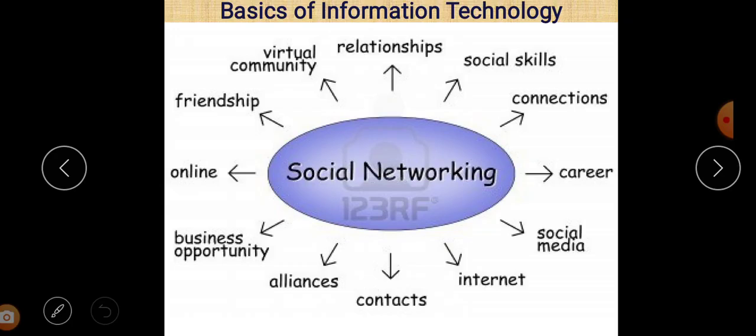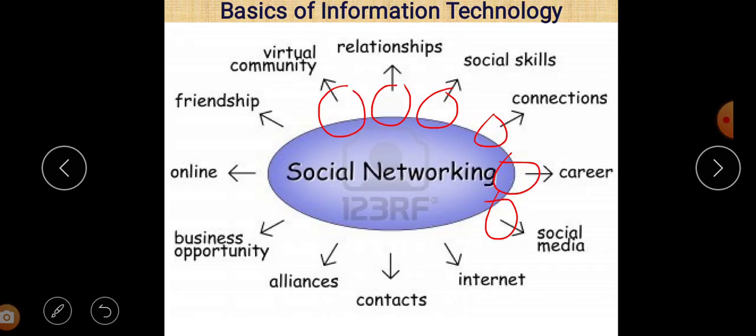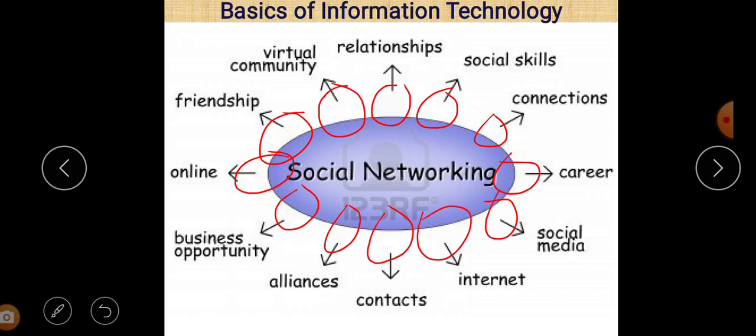When we talk about social networking sites, then it is related to social media, career, different types of connections, social skills, different types of relationships, virtual community, friendship, online, business opportunities, alliances, contacts, internet. So these are the key features of social networking sites.